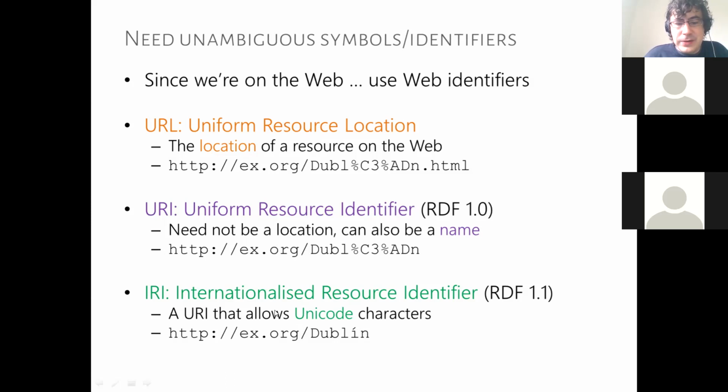And IRIs are another generalization of URIs, which also allows Unicode characters, so we can do away with this horrible percent encoding. In RDF 1.1, the most recent version of RDF, we can use IRIs to identify things. And one of the benefits that we'll see later in the course is that if we identify things using IRIs, we can look them up on the web to get more information about those things.